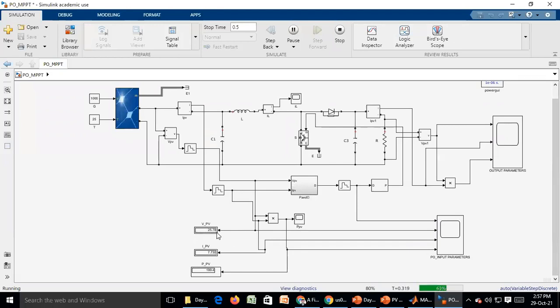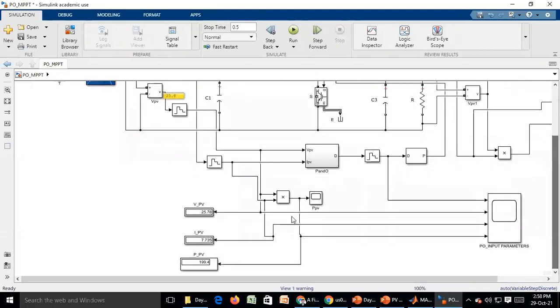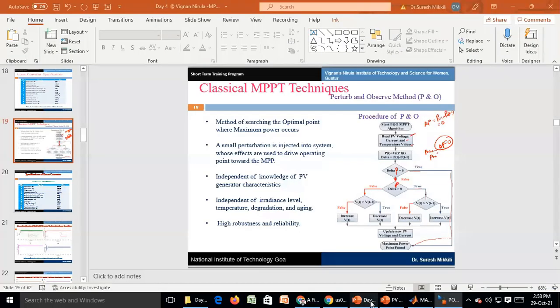See, this is VPV, the output voltage, and IPV. From here I have taken the current block, and the voltage block is displayed here. Now you see how much output voltage we have as per this.